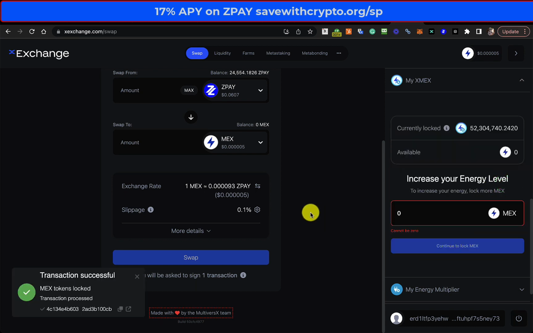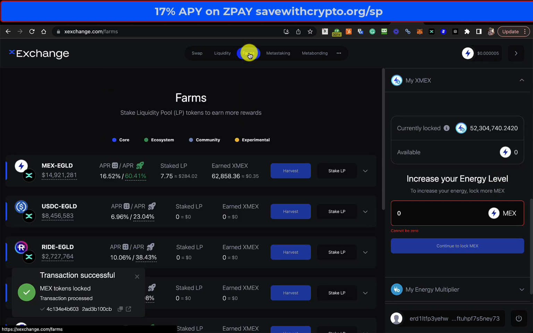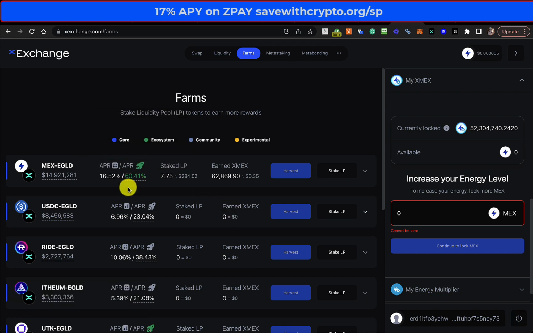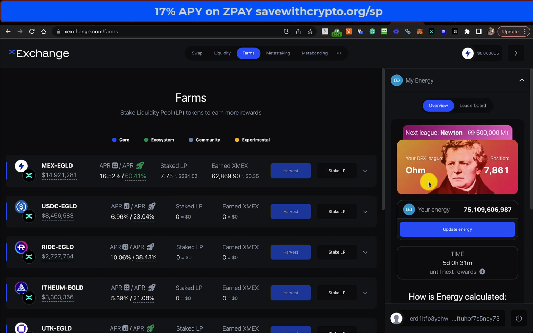Okay, so let's have a look at the farms now. Right, so I've got a green rocket there now. It still says, in order to maximise your bonus APR, you must add 7.3 billion energy. Well, look, for the moment, I'm happy with the green rocket there, so I'll leave it at that. Okay, that's actually pushed me up into the next league.